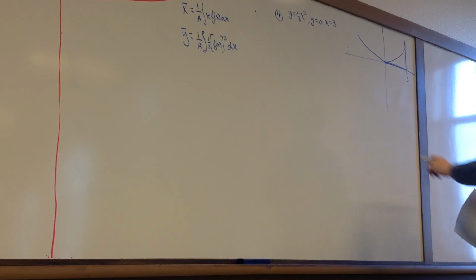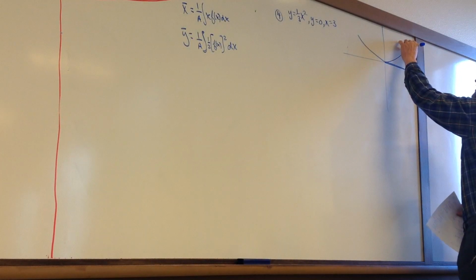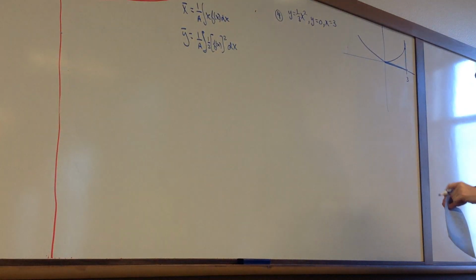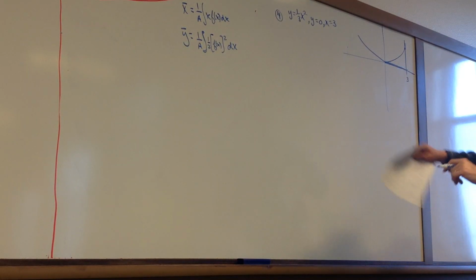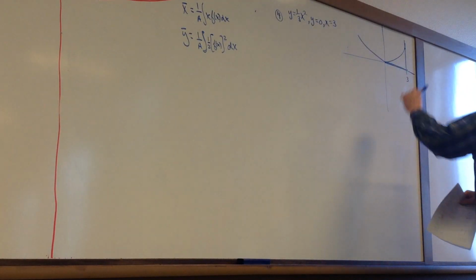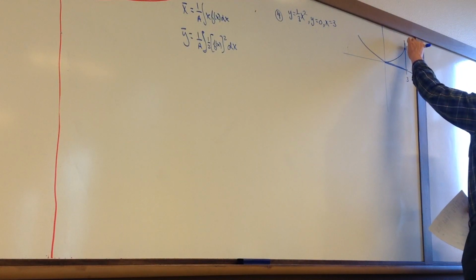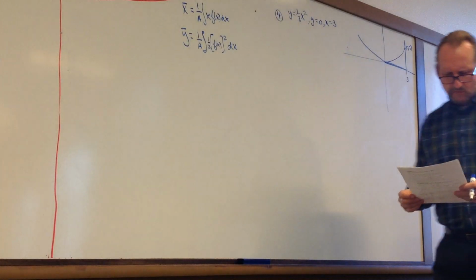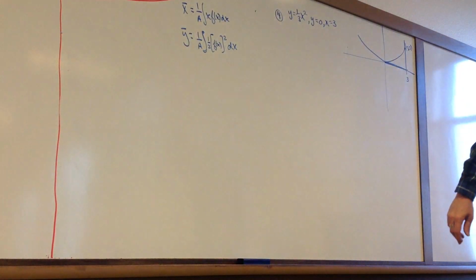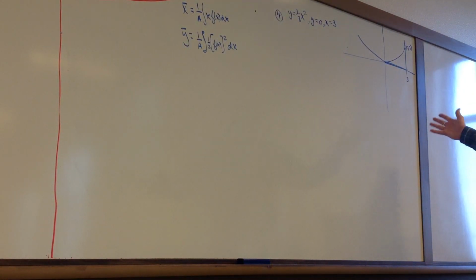Let's see here. I'm not sure that it matters what that y value is, but is that also 3? Right, because that'll be 9 divided by 3. Okay. So first we need to know the area, right?